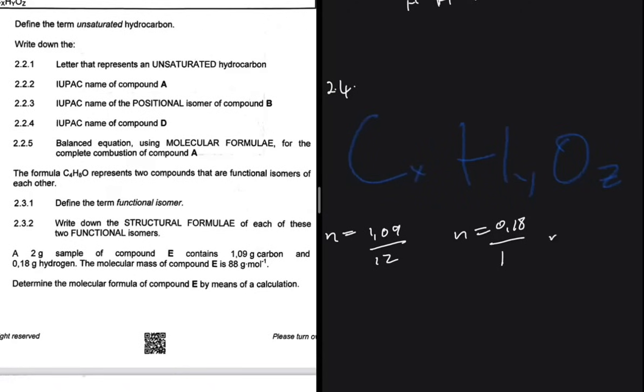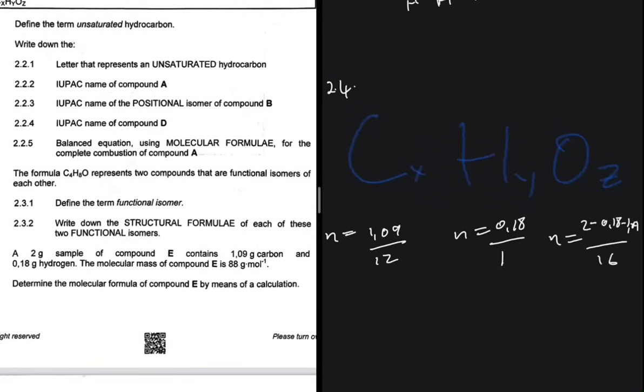For oxygen, we are not given the mass, but we have three elements in our compound, and we are given the mass of two and the total mass. So it will be easy to find the mass of the third. The mass of oxygen is 2 minus 0.18 minus 1.09, divided by the molar mass of oxygen, which is 16.